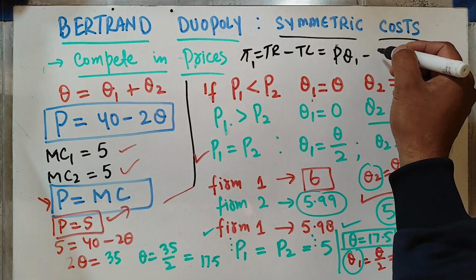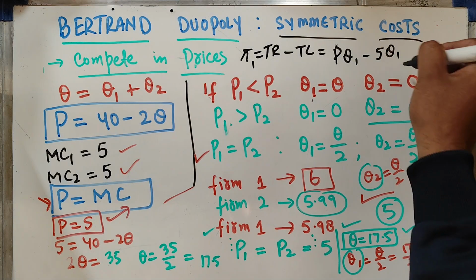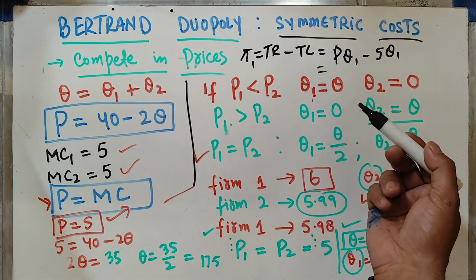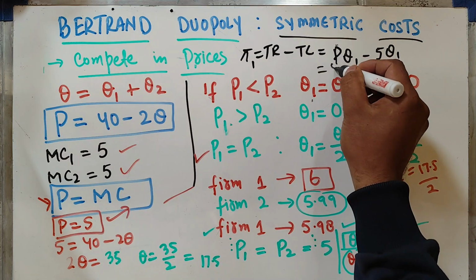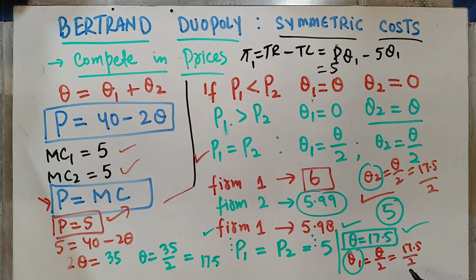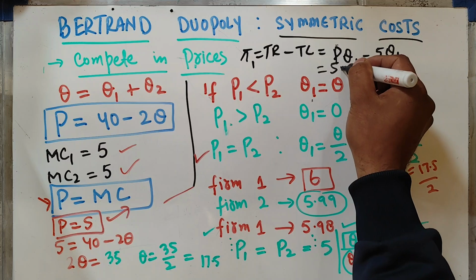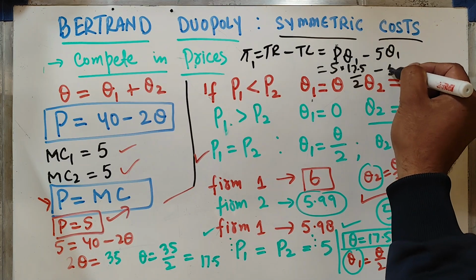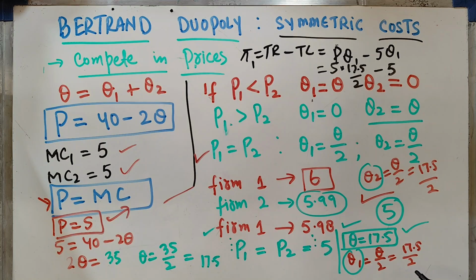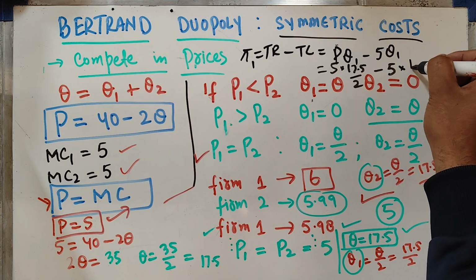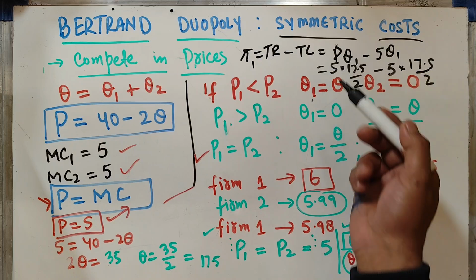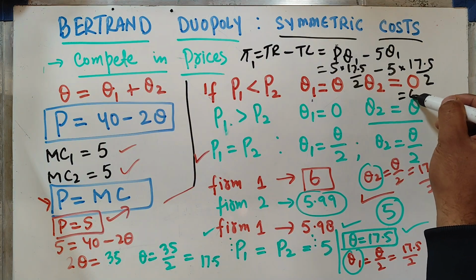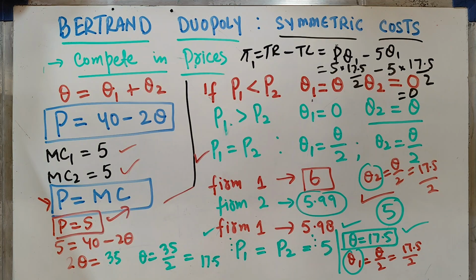Marginal cost is 5, so total cost is 5Q1. Plugging in price 5, we get 5 times 17.5 divided by 2, minus 5 times 17.5 divided by 2. So total profit is equal to 0. That means the economic profit is zero because firms are breaking even, charging a price equal to marginal cost.